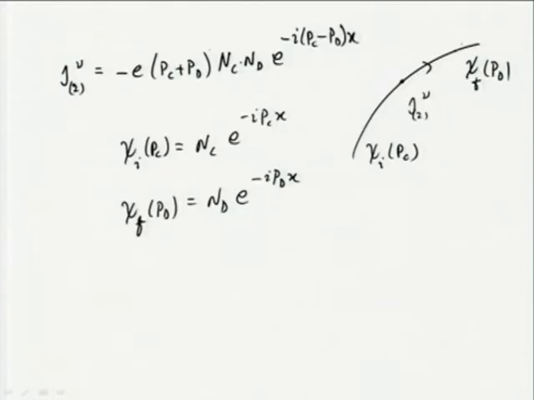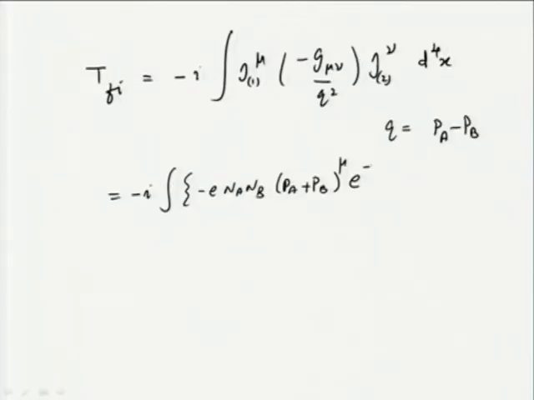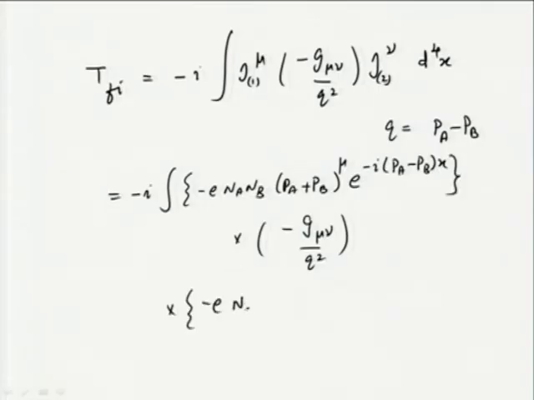Similarly, for J2 there is a nu there, times minus g mu nu over q squared, then the other current minus e N_c N_d (p_c plus p_d) nu e to the power minus i (p_c minus p_d) x, integrated over 4-volume d4x.